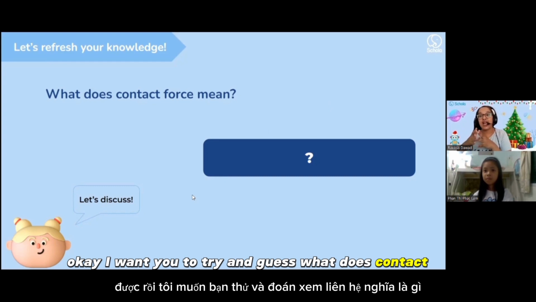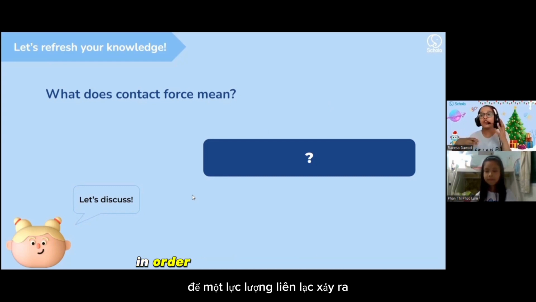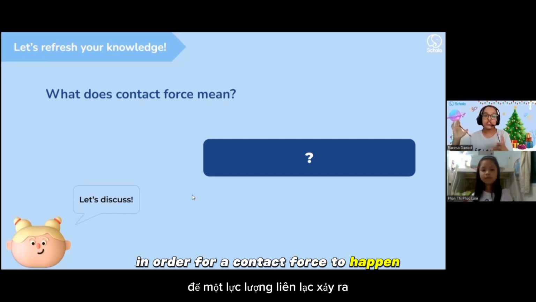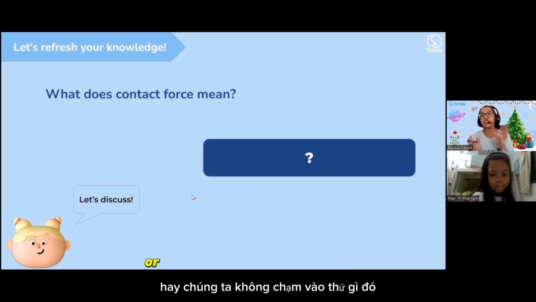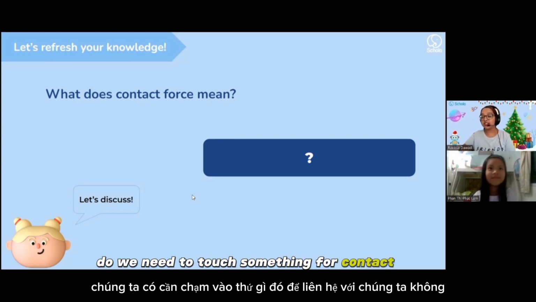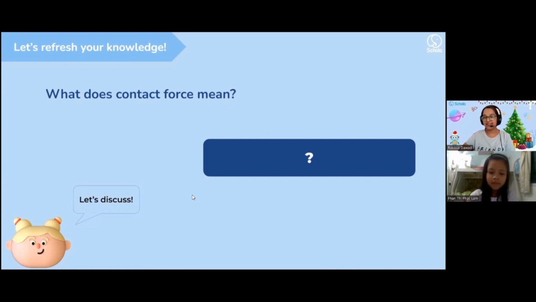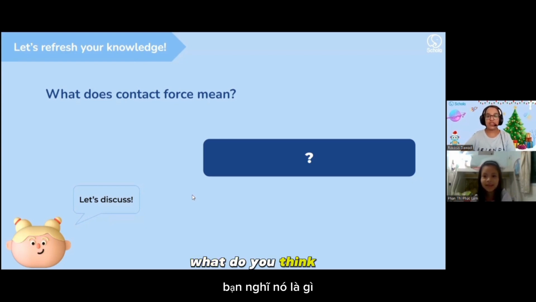What does contact mean? In order for a contact force to happen, do we need to touch something or do we not touch something at all? What do you think it is?